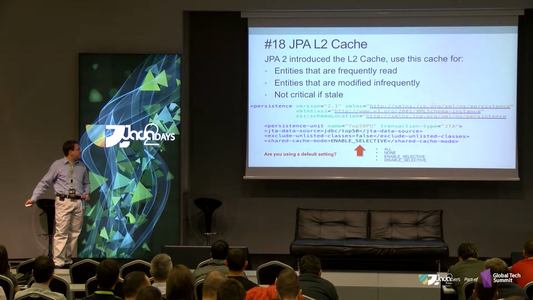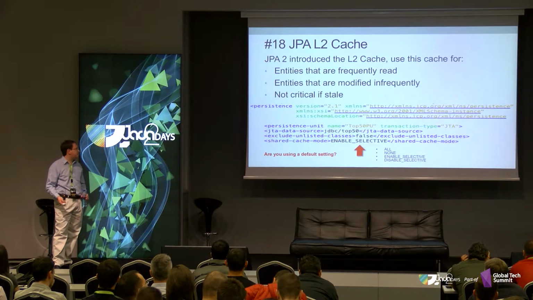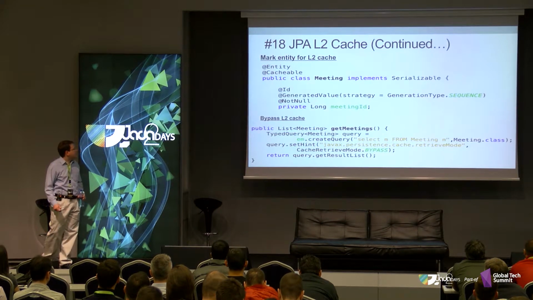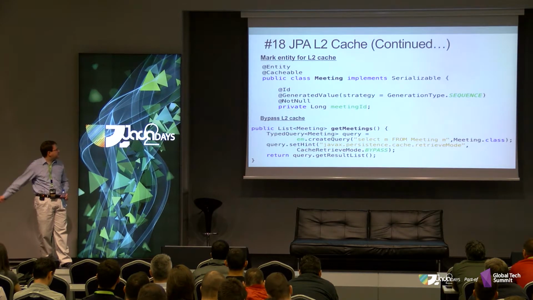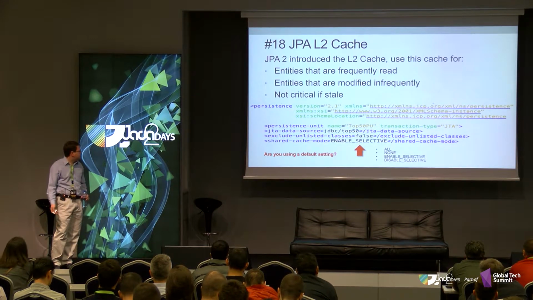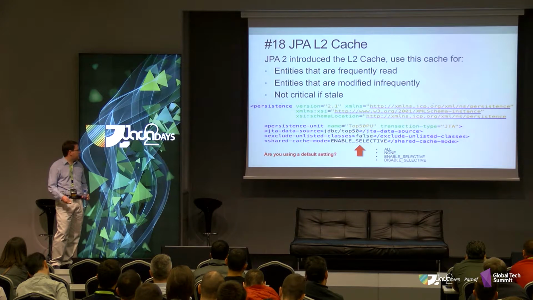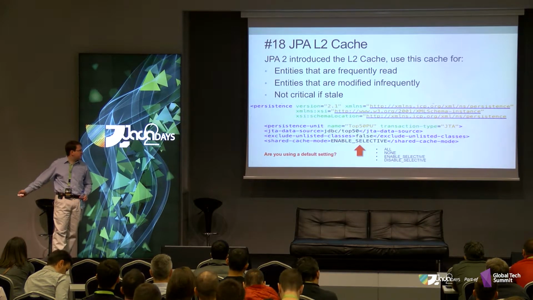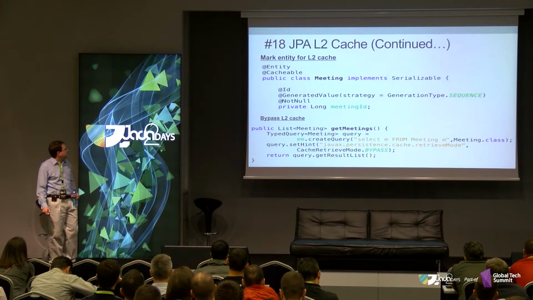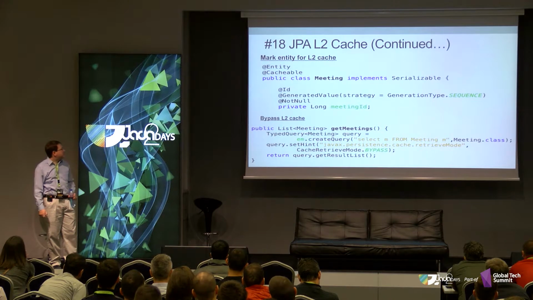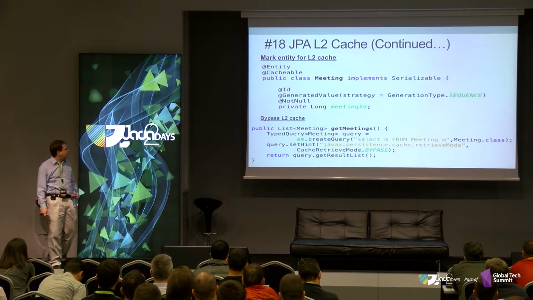So if you're working with an entity that is frequently updated, you will probably want to have it excluded. And then with the settings, you have several different ways. You can have the shared cache mode always, never, and then enable selective or disable selective. So in the case of right here, you can see I've annotated this class that it's cacheable.